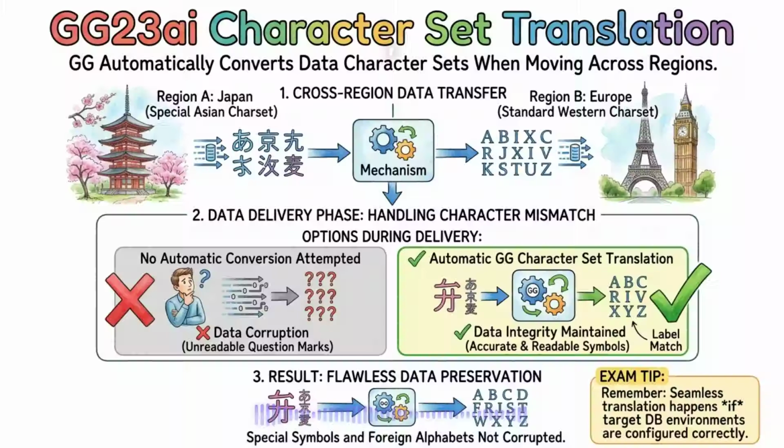Writing out individual column mappings can become incredibly tedious if you have a table with 200 columns, especially if most of them actually share the exact same names. Thankfully, GoldenGate provides a brilliant shortcut keyword called USEDEFAULTS, which you place inside your COLMAP statement.